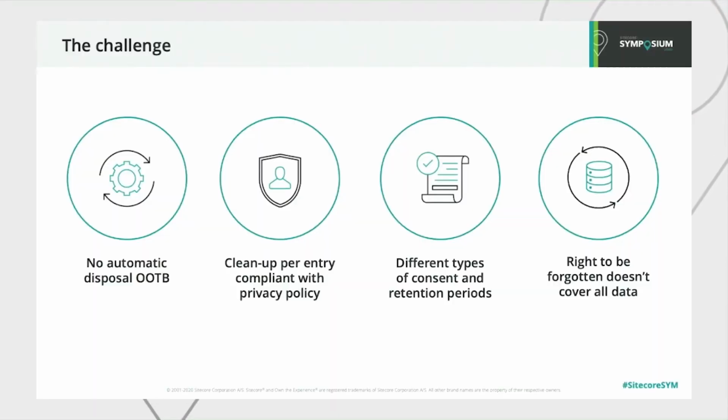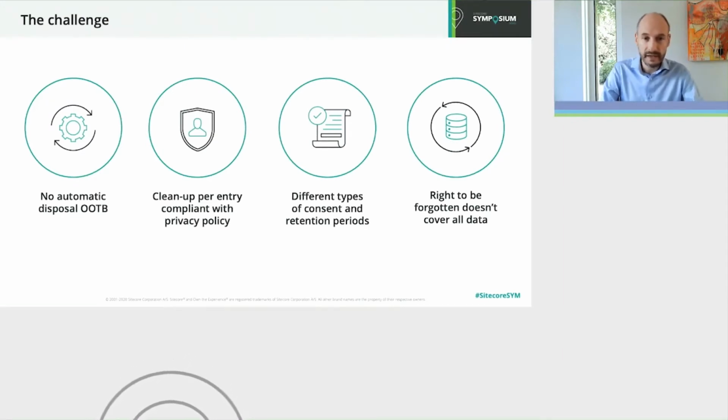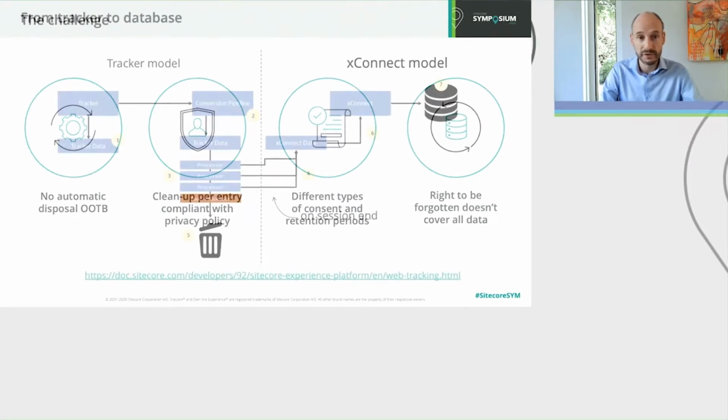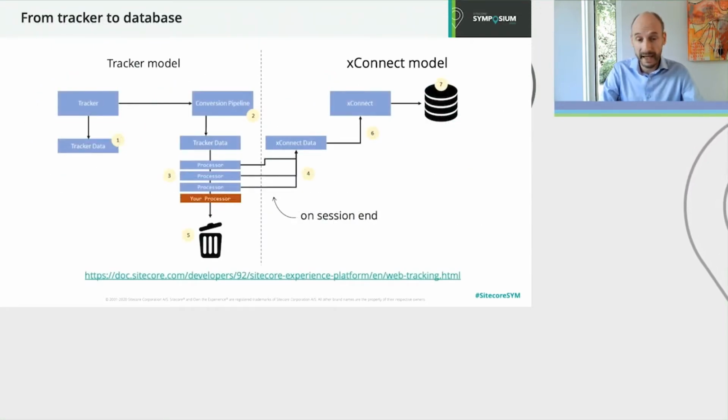And the last challenge that we have is that the right to be forgotten feature within Sitecore just doesn't cover all the data that is in Sitecore. And I think this together gives us a challenge that we need to solve to be able to use XDB without any hesitation.